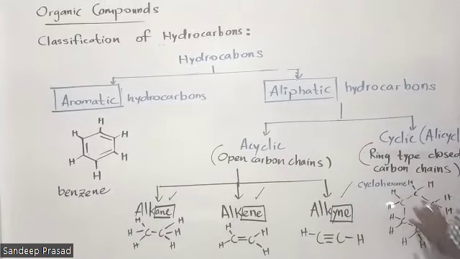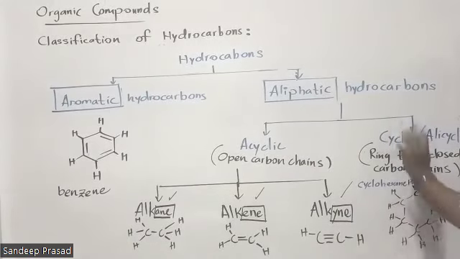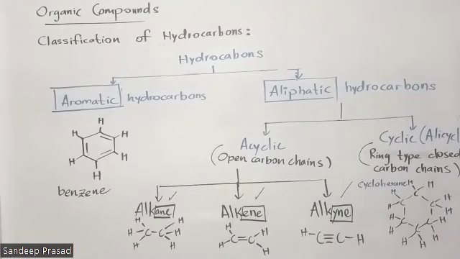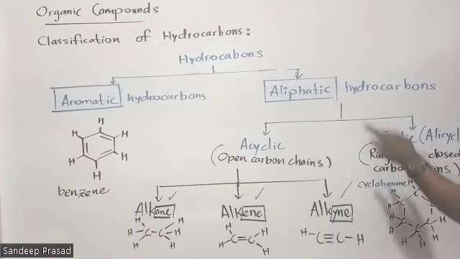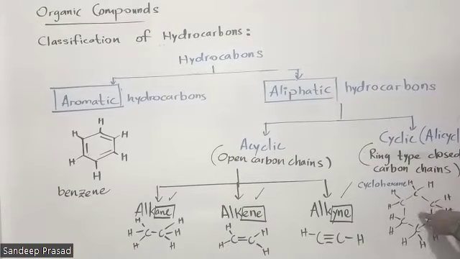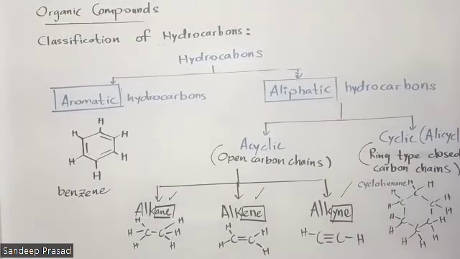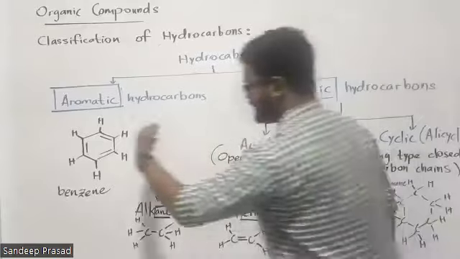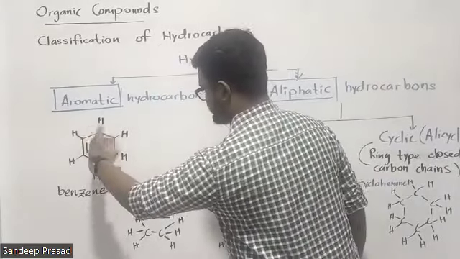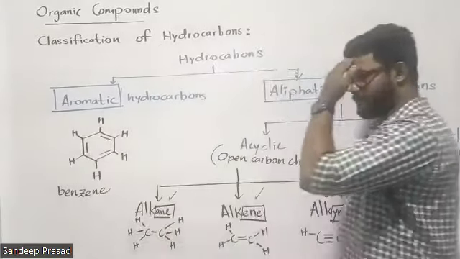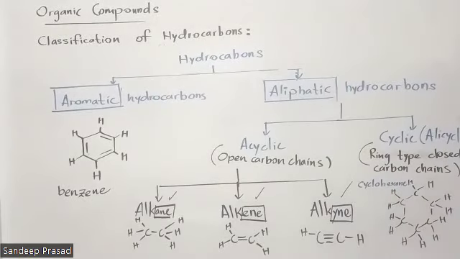Under the cyclic, we have ring types of closed carbon chains, for example cyclohexane. Benzene means benzene. You have to see the 3 pi bonds, the pi electron cloud. In cyclohexane we don't have any pi bonds, so this is something else. Can you understand?